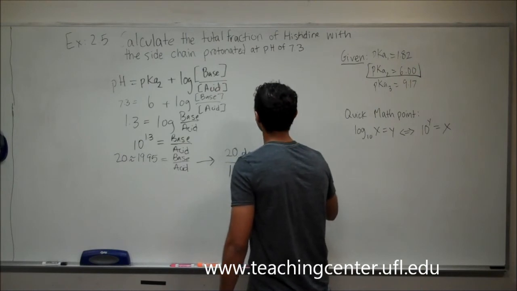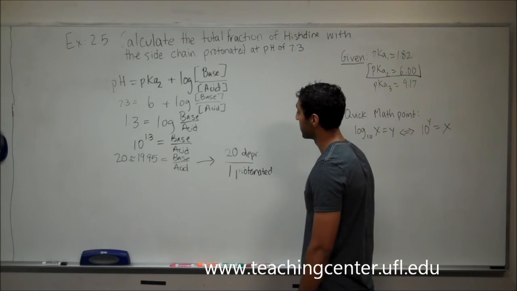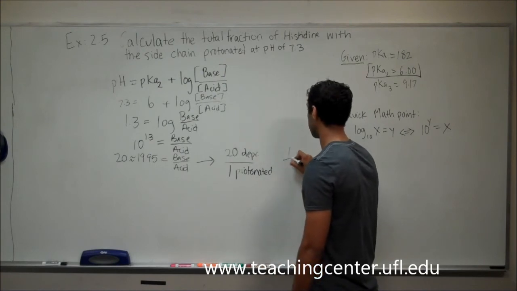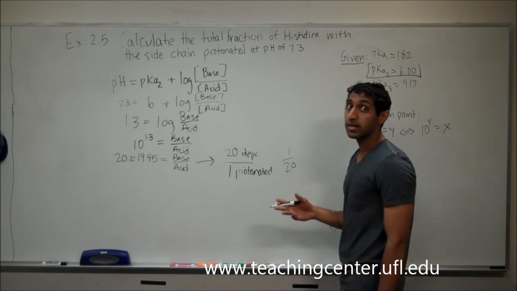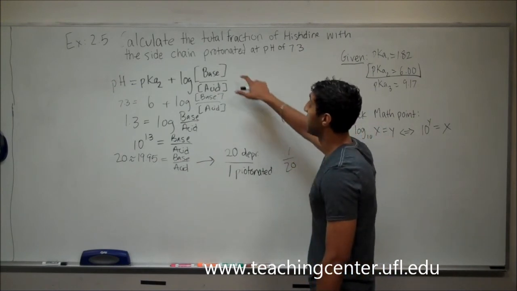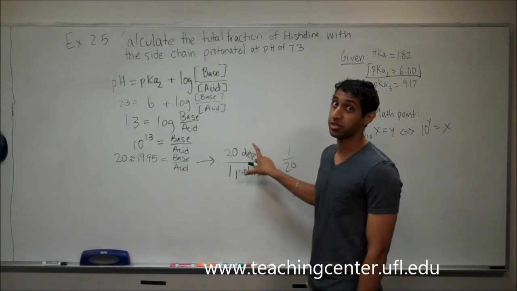Now you may be tempted to say, if we're just trying to find the fraction of protonated, it's just 1 over 20. But that's technically not correct, partly because we need to take into account the total fraction. This by itself is just a ratio.